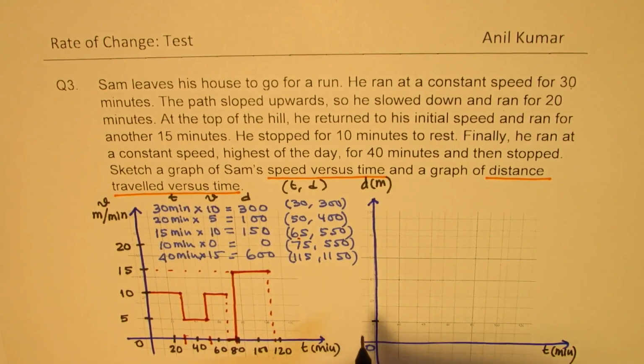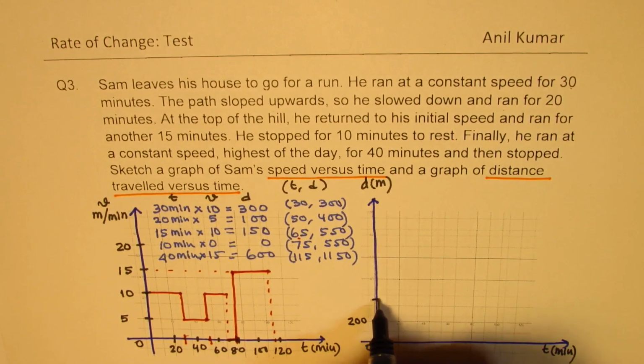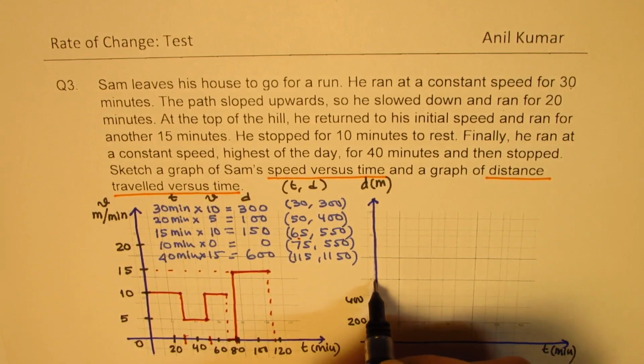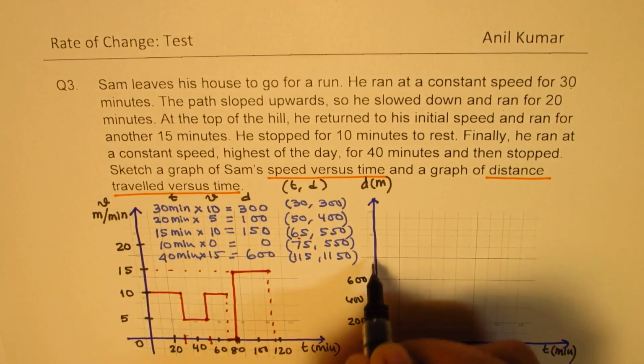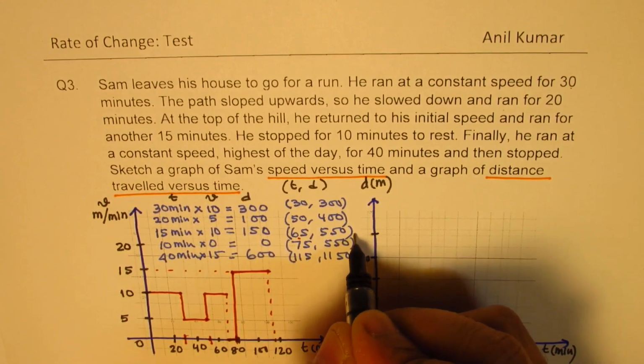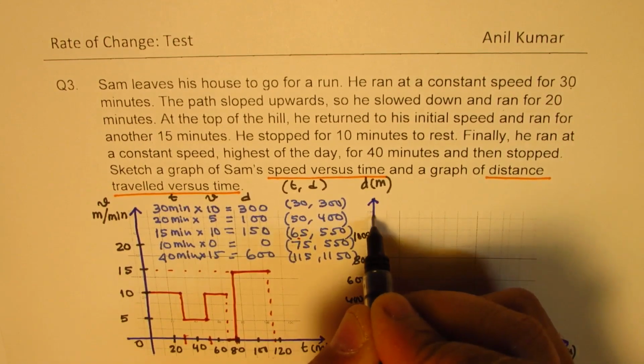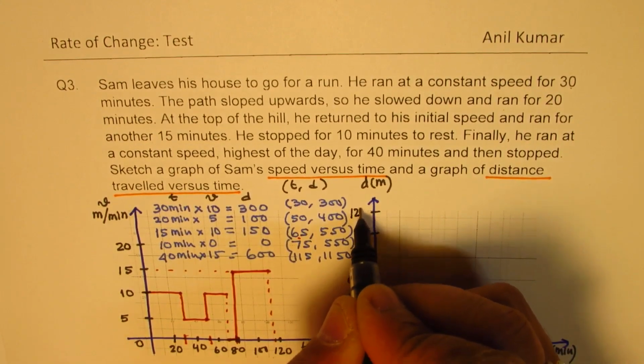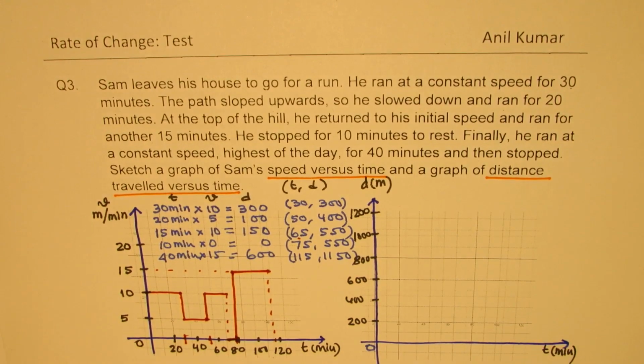So we have this as, let's say 200, 400, 600, 800, so 1000, and let's say this is 1200, correct? On this side, time, we'll just keep similar, 20, 40, 60, 80, 100, 120, right?